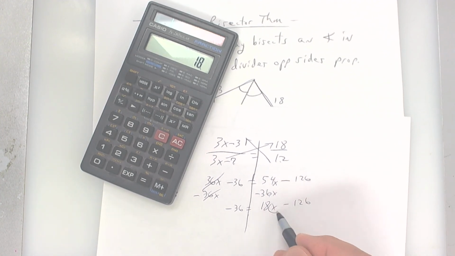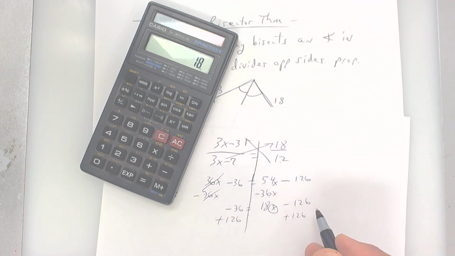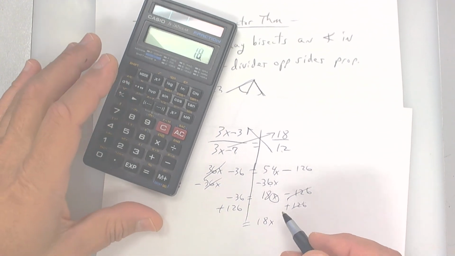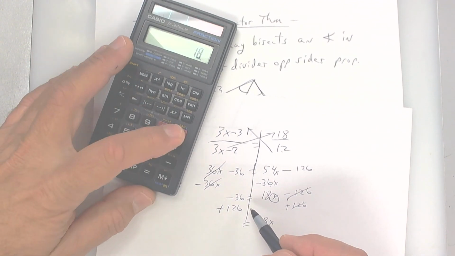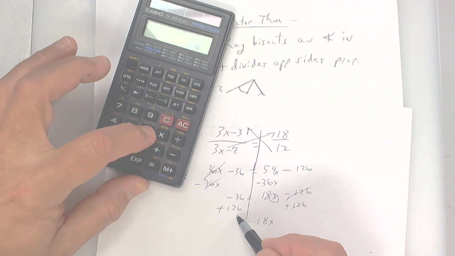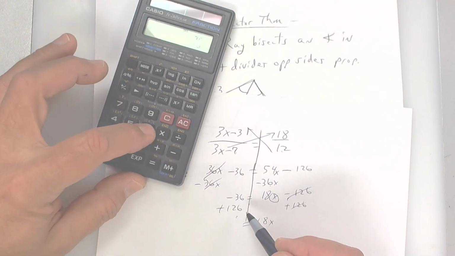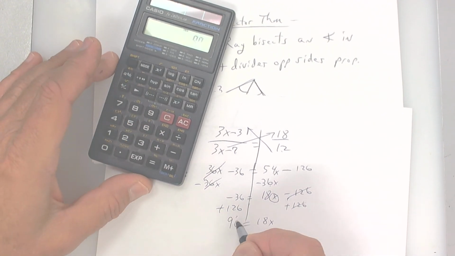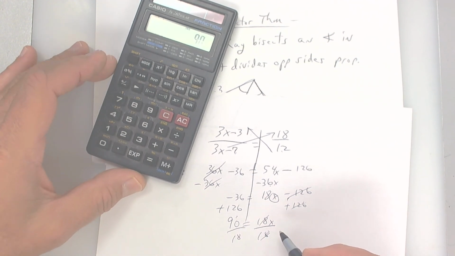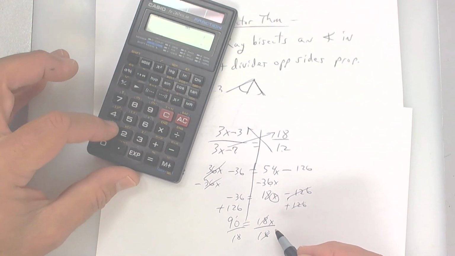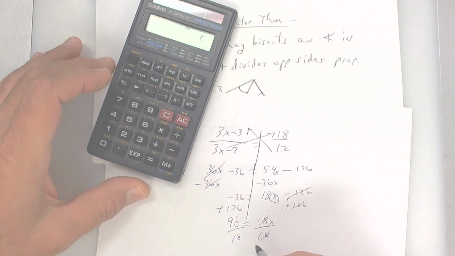So now you're trying to get x alone, so you want to add 126. Now if you can't solve this, it's not because of the geometry, it's because you need help with your algebra. So 126 minus 36, press equals, I get 90, and then divide by 18 and you should have your answer. So 90 divided by 18 and I get 5.